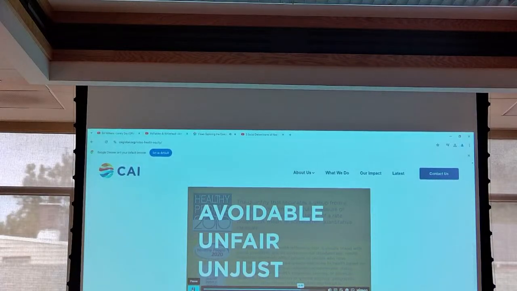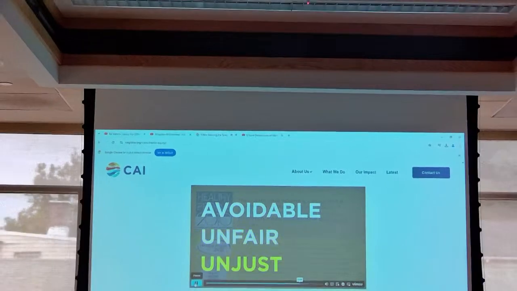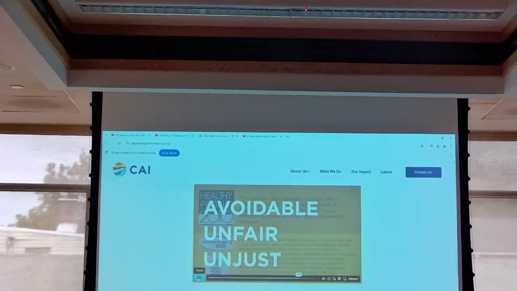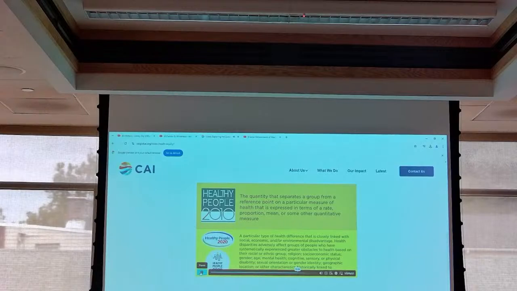Not including the terms avoidable, unfair, and unjust in the definition neutralizes the aspects of health inequities that are most important and manageable. It also implies that people's racial or ethnic group, religion, socioeconomic status, or other characteristics are the reason why they are experiencing the difference in their health outcomes.